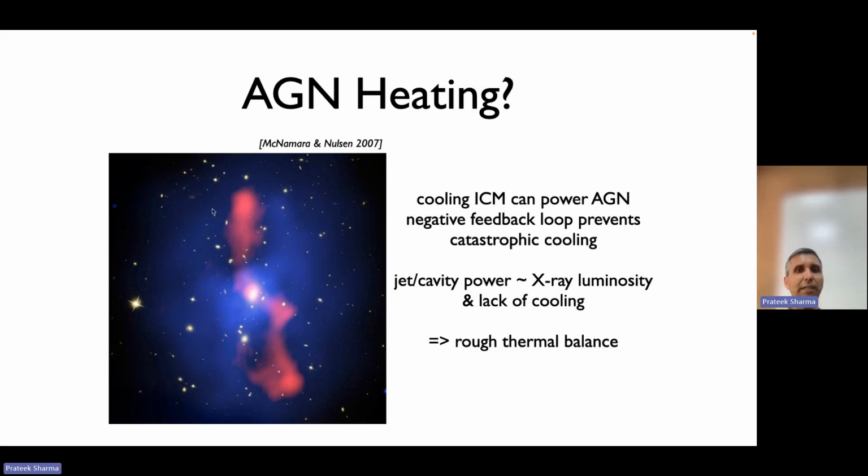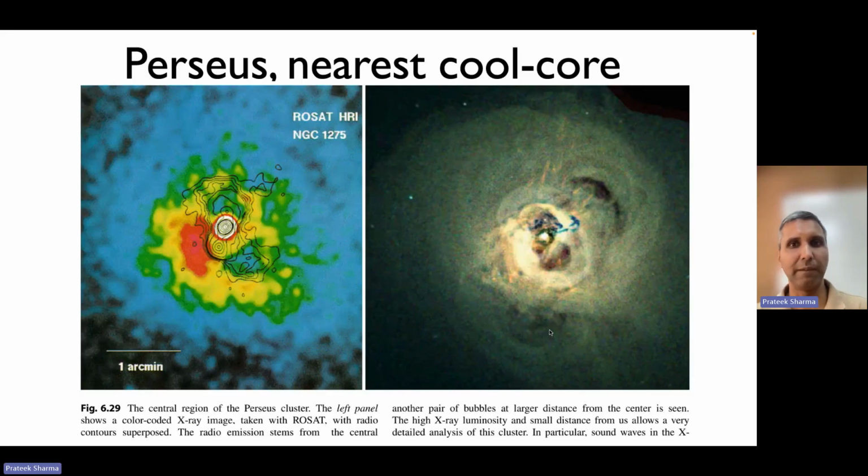And if you calculate the power, the work done by these jets, it's about the same value. What it means is that this is an evidence for power injection by AGN jets. So this motivates this feedback again.